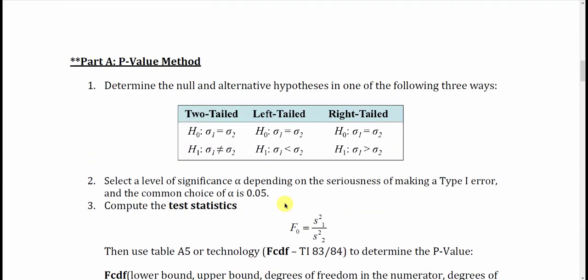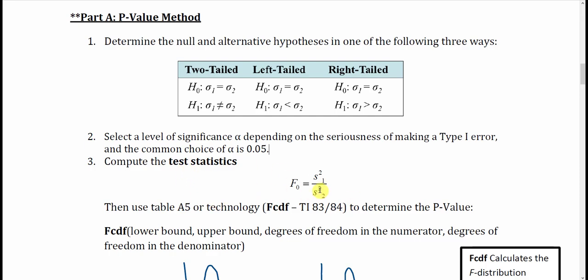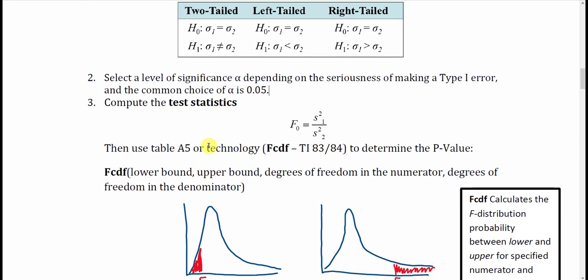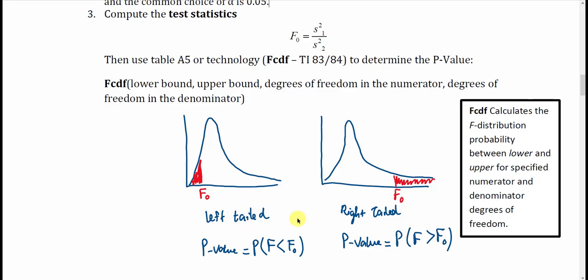Now we can use the p-value method to test the claim. The first step is to determine the null and alternative hypotheses in one of the three cases: left tail, right tail, or two tails, and select a level of significance. Compute the test statistic, and then use Table A5 or technology, FCDF. I highly recommend using the FCDF function on the TI-83 or 84 to find the area under the curve, which is the p-value.